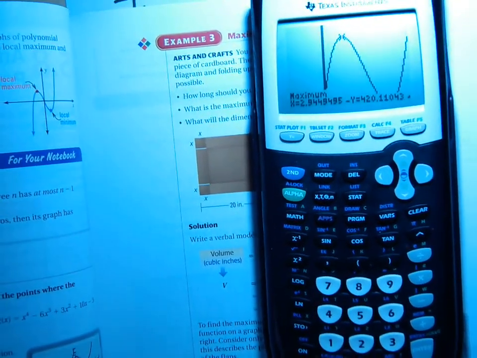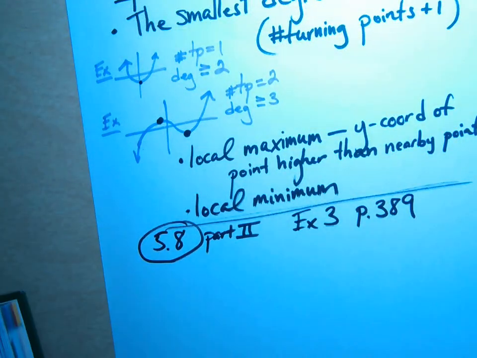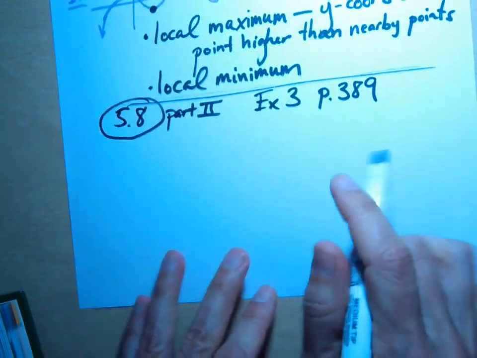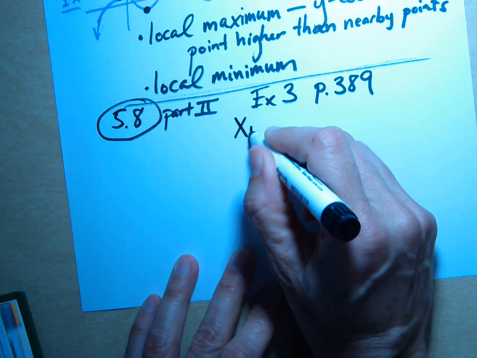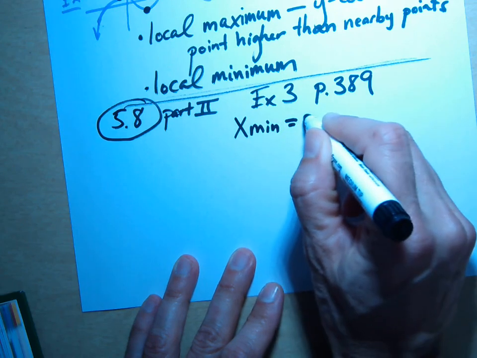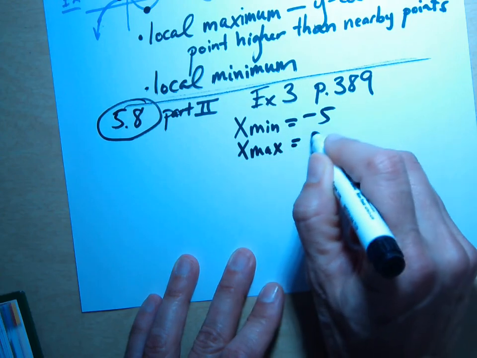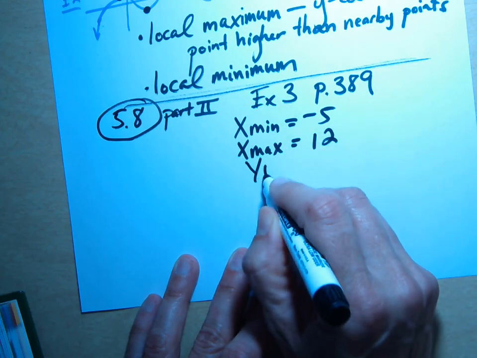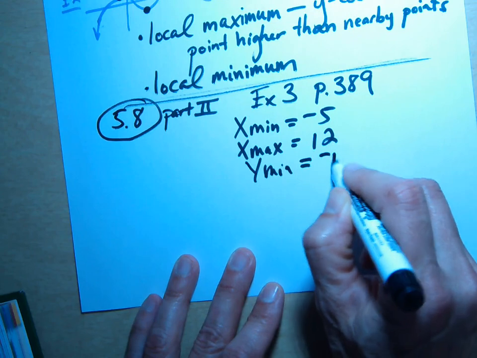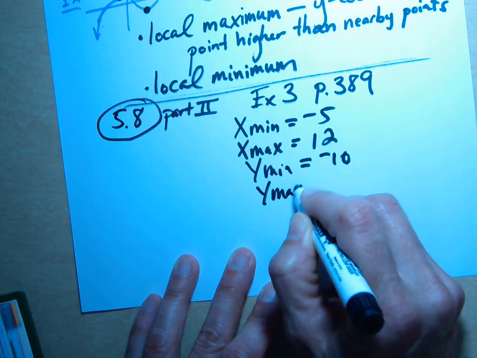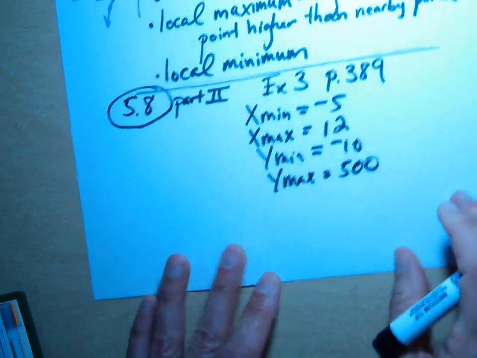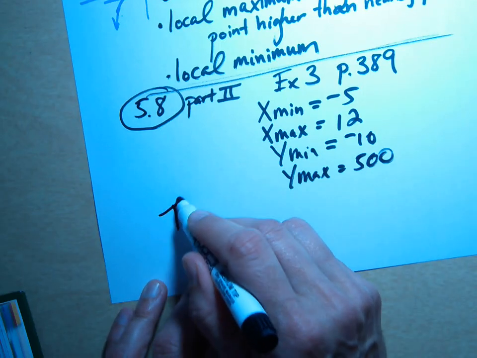So what ends up working for our window settings was this. For this example to work, you need your x min to be something like -5, your x max to be something like 12, your y min to be something like -10, y max to be something like 500, and always answer word problems with a complete sentence.